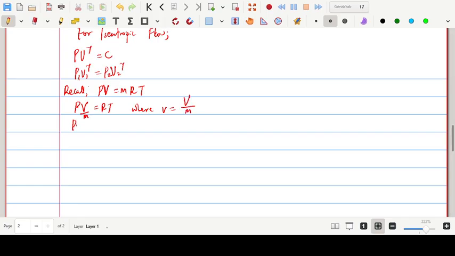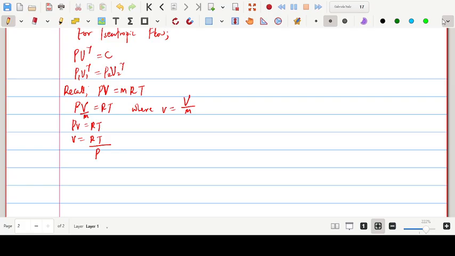I can now have Pv equals RT. Let me make small v the subject. I will now have v equals RT over P. Please take note of that.